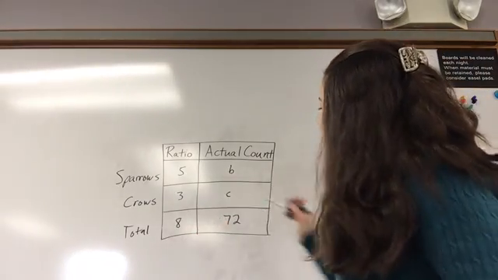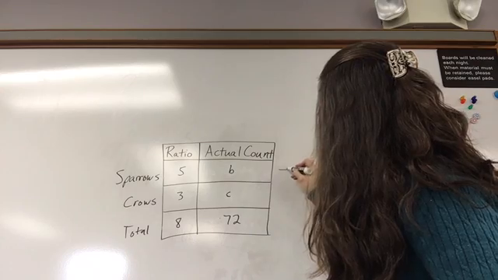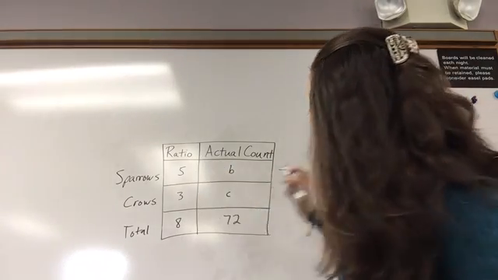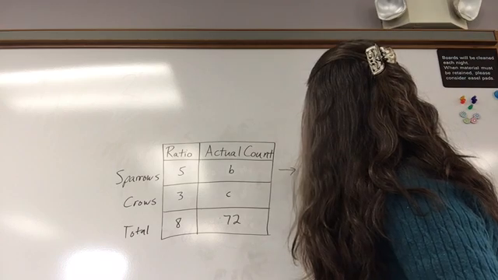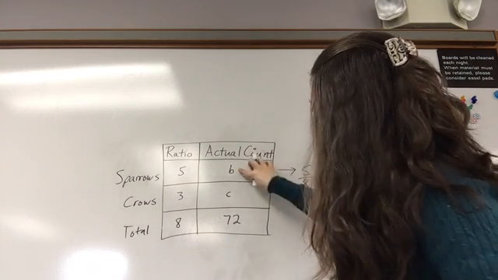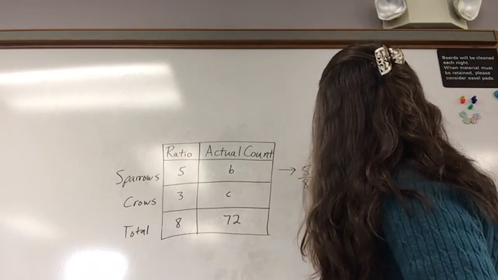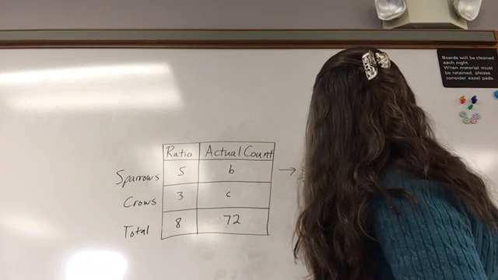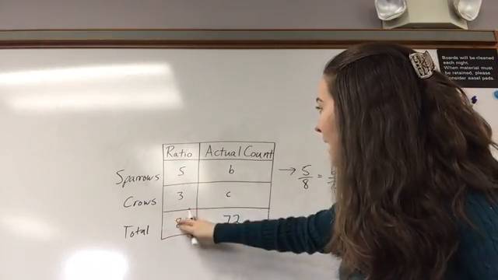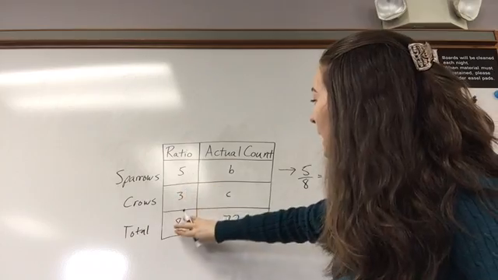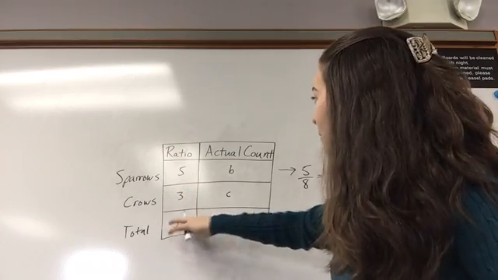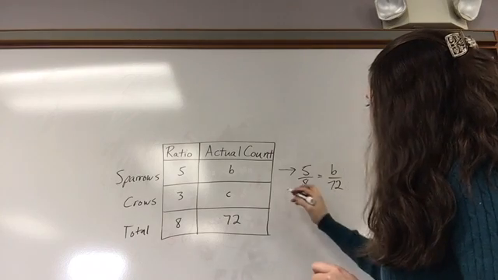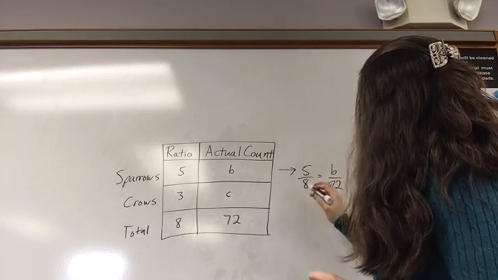So using this, we have 5 to 8 for the first part of our ratio, and we have B to 72 for the second part. So 5 to 8, 5 sparrows out of every 8 birds, and then B out of 72 is our total count.